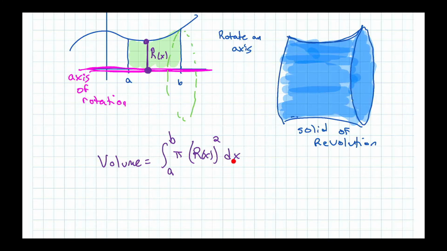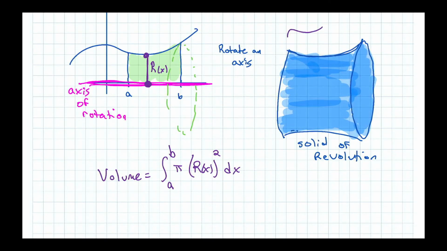And then the dx, when you integrate dx from a to b, that's the length. So this is an area times a length. Over here, that's a length, and on the side, that's an area. And when you multiply area and length, you get volume, and that's why this works.